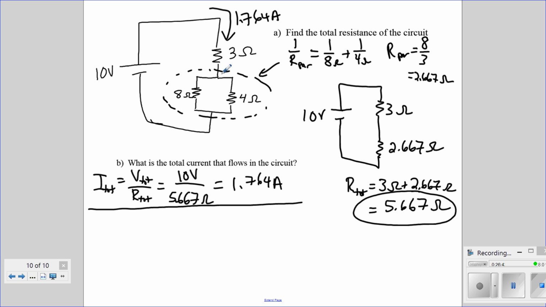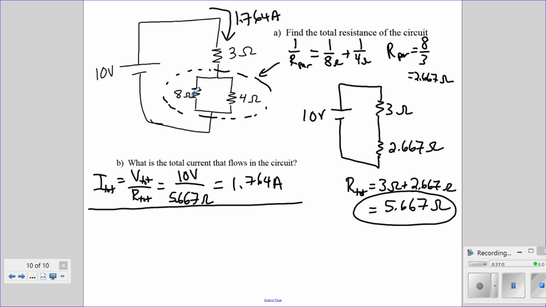And then if we were trying to figure out how it would split, we would have twice as much current go through the resistor that had half of the resistance. And so you would have 2/3 of it go through the 4 ohm resistor and 1/3 of it go through the 8 ohm resistor.